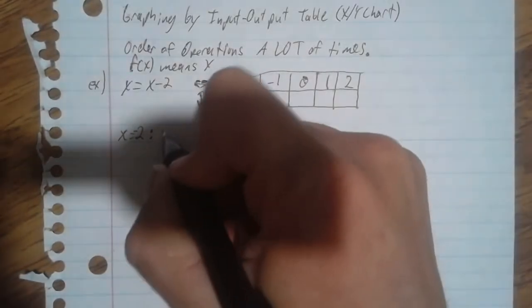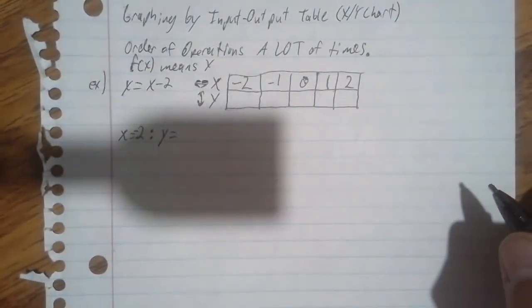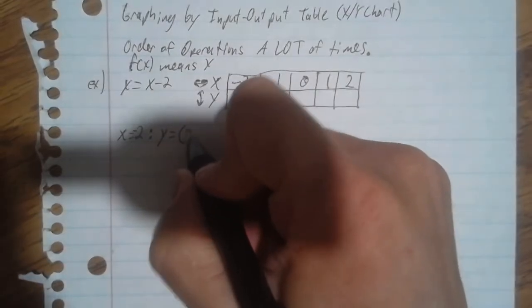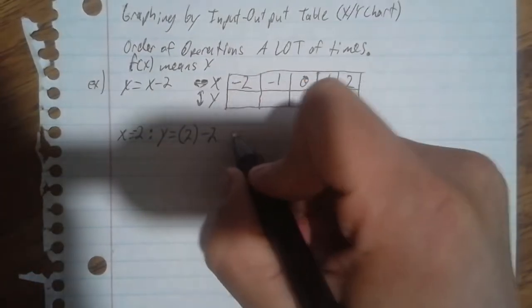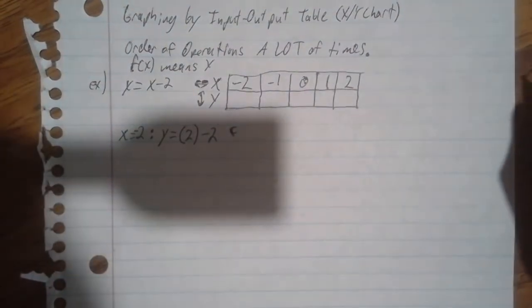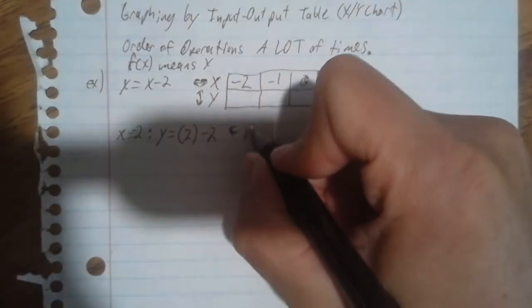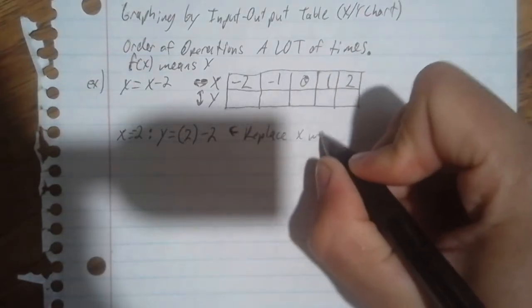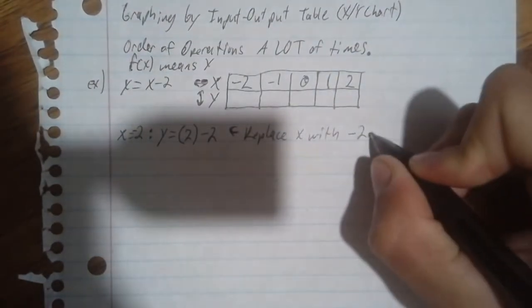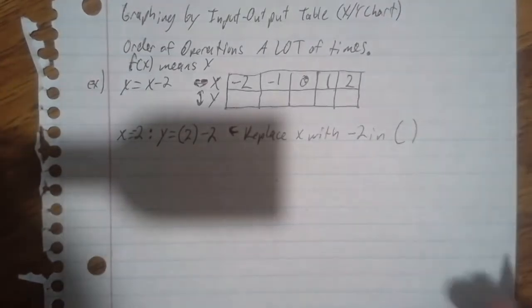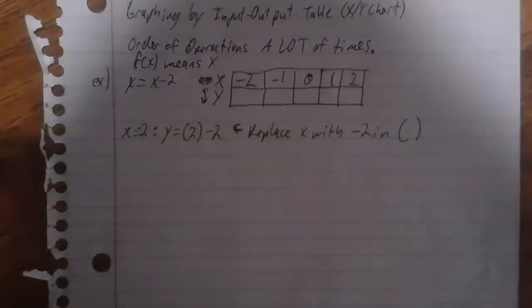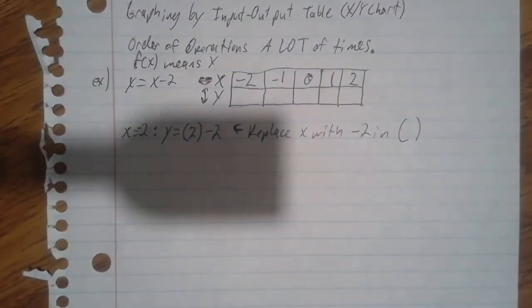So it's going to say y equals, and then in place of x, we put -2. So what we did there was we replaced x with -2 in parentheses. So we substituted.